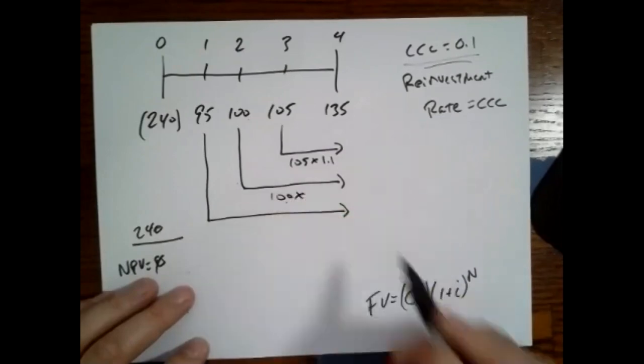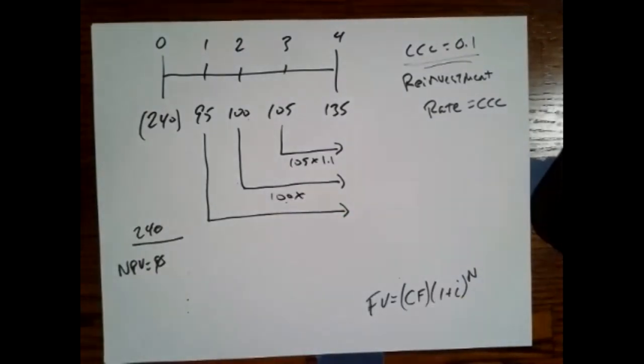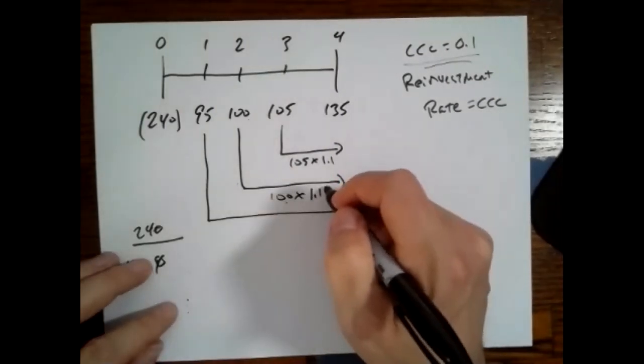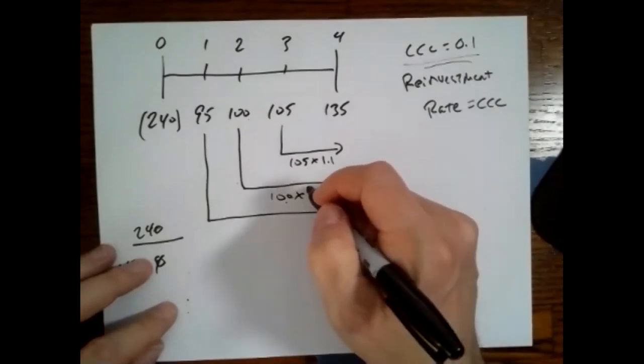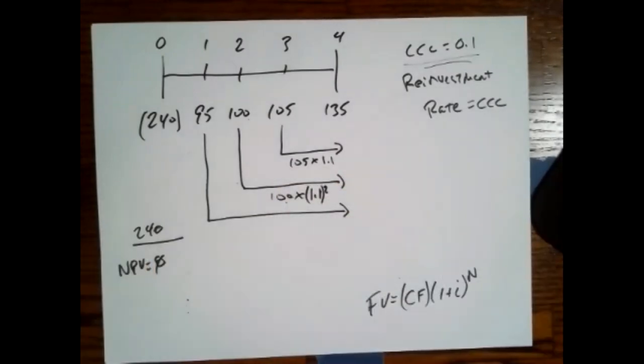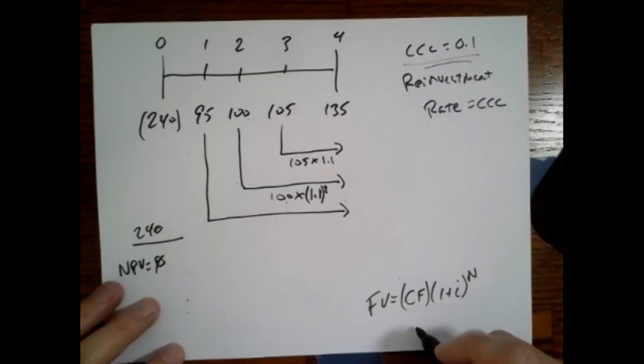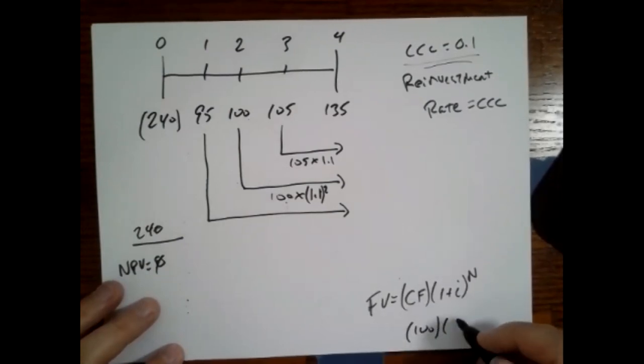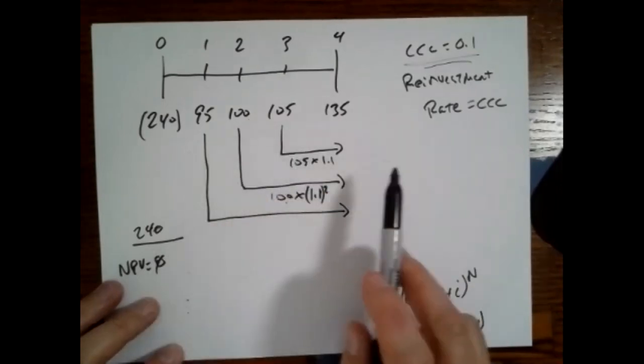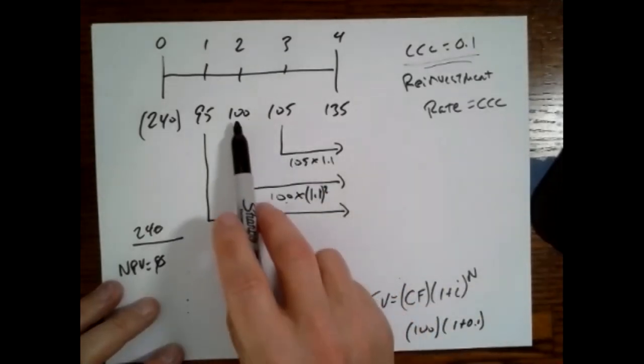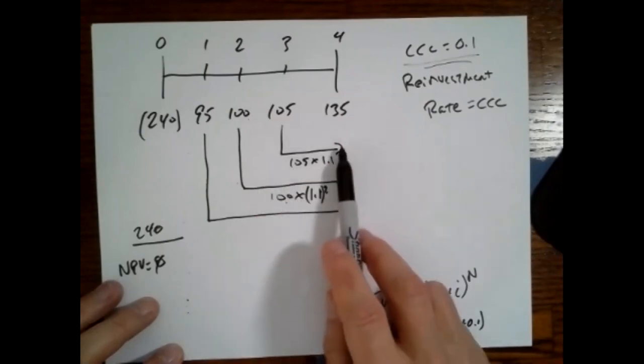It's 100 times 1.1 squared. Good. Because this becomes 100 times 1 plus 0.1, and we're bringing it forward 2 years, from the end of 2 to the end of 3 to the end of 4, right?